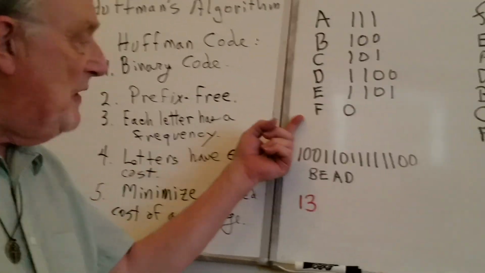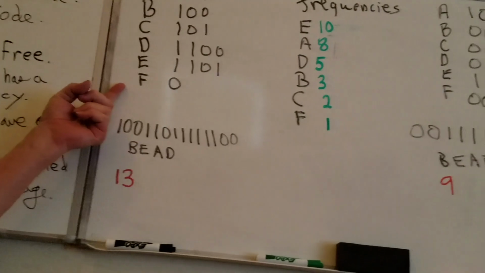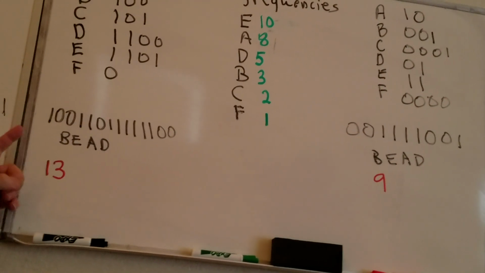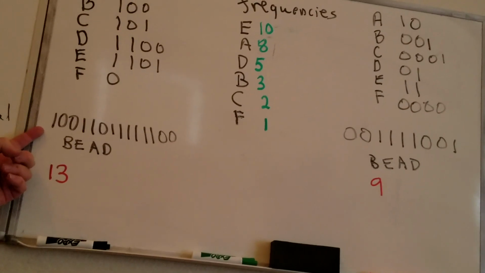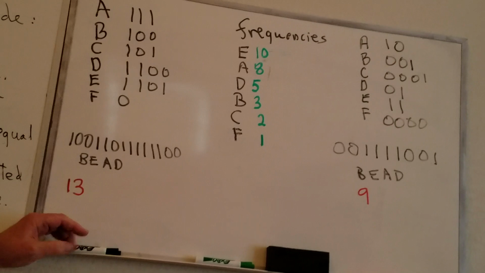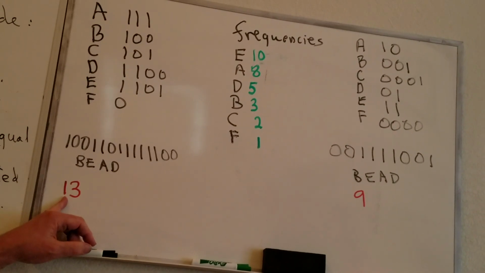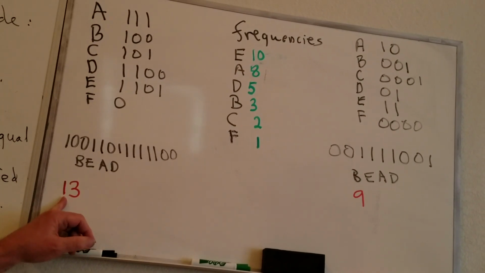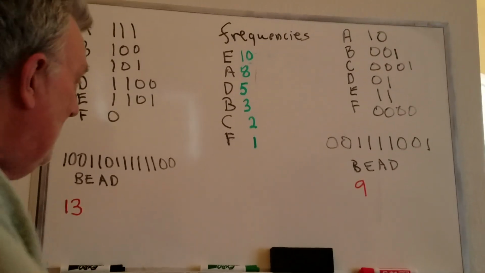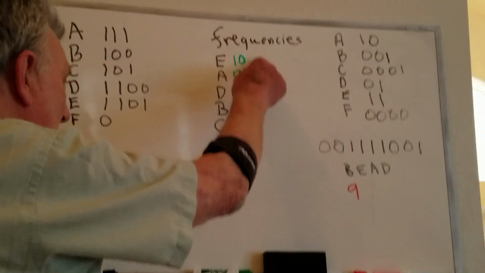Let's give a quick example here. Here is an example of a prefix-free code for the letters A, B, C, D, E, F. Now, if I want to encode the word bead, I get this string of zeros and ones. It's length 13, so the cost is 13. Now, let's imagine that our alphabet has these frequencies.